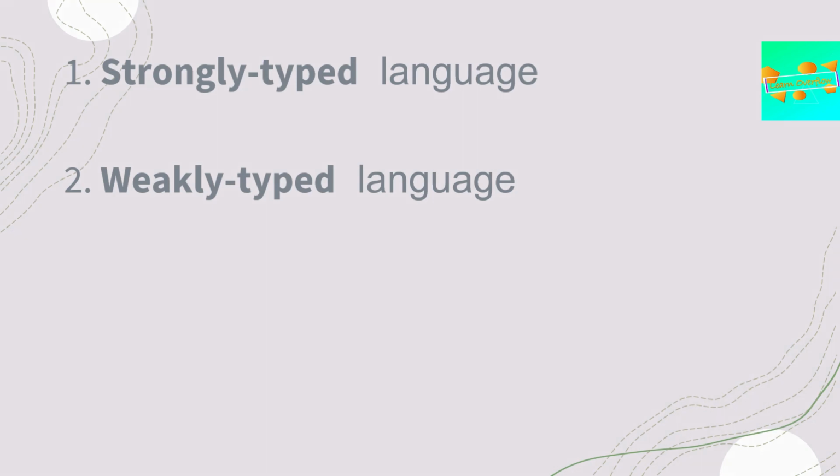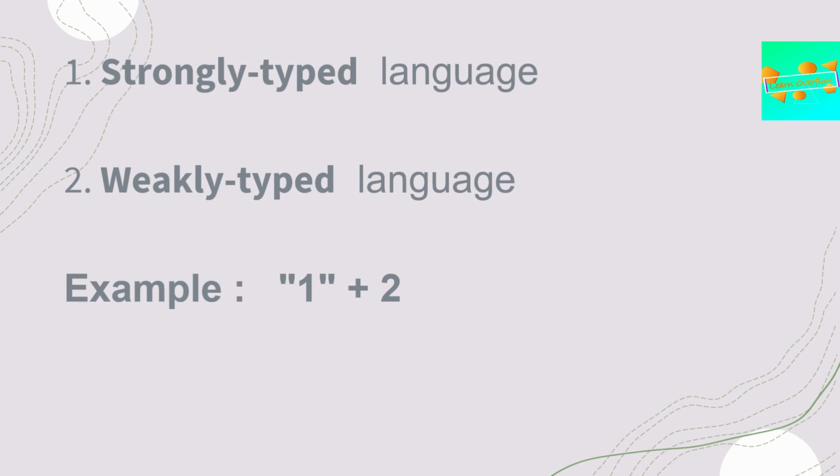Now when you say strongly typed or weakly typed languages, we can explain this with a small example. Let's take an example of string 1 plus 2. In languages like Python, what would happen if we try to add integer 2 with a string 1? It would give you a type error.